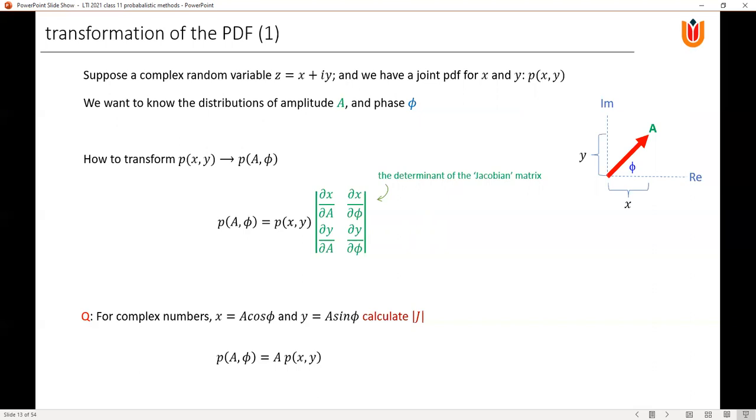In the case we're considering now, we want to know intensity and we know amplitude, so we would have to calculate the derivative of amplitude with respect to intensity.